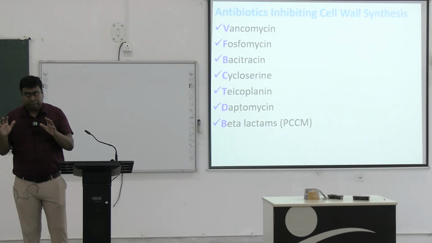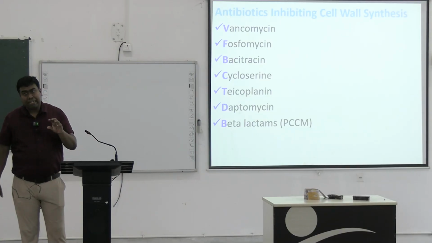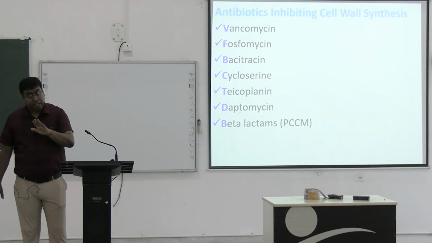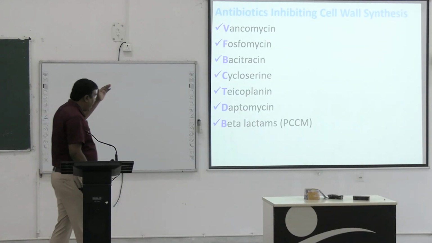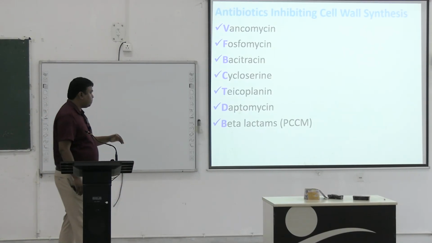Not only beta-lactam. All beta-lactams like penicillin, cephalosporin, carbapenems, monobactam act by their beta-lactam ring by inhibiting cell wall, not cell membrane, cell wall. There are other drugs like vancomycin, phosphomycin, bacitracin, cycloserine, teicoplanin.